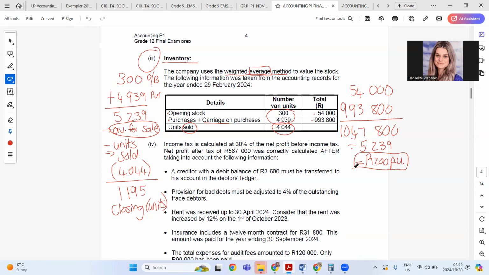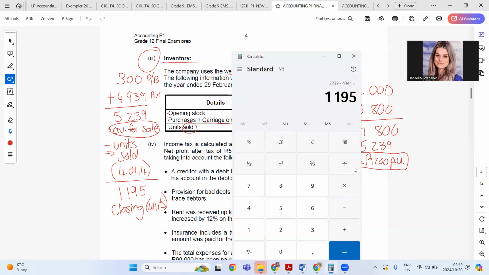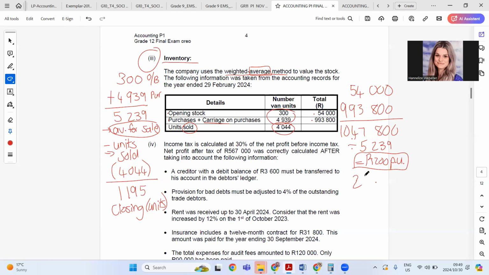So I multiply the number of units in stock times 200 Rand, which gives 239,000. That is the value of your closing stock.